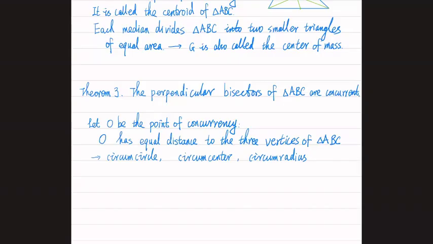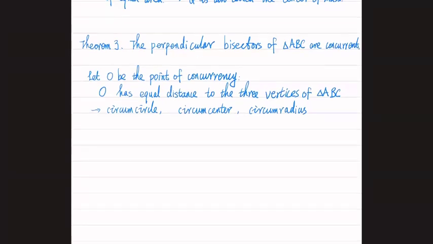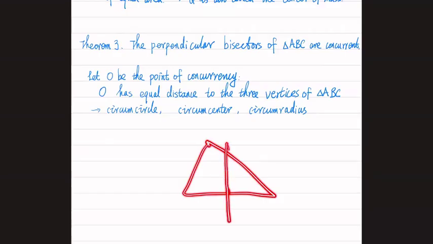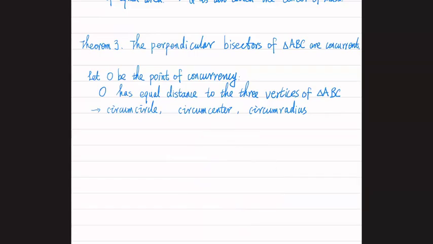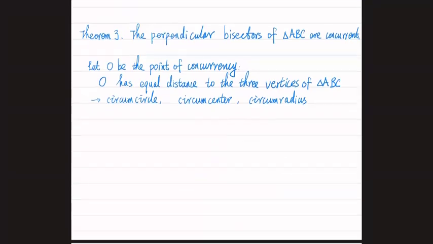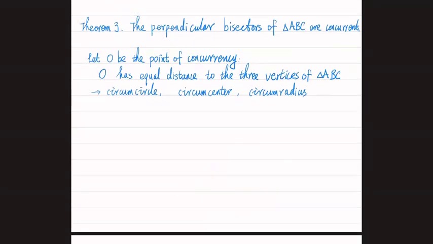Now to draw a picture of this, again we will change the order. Previously we drew the triangle first, drew the perpendicular bisectors, they intersect at the common point, then we drew the circle. Now we change the order. We will start with the circle. Pick any 3 points on the circle.